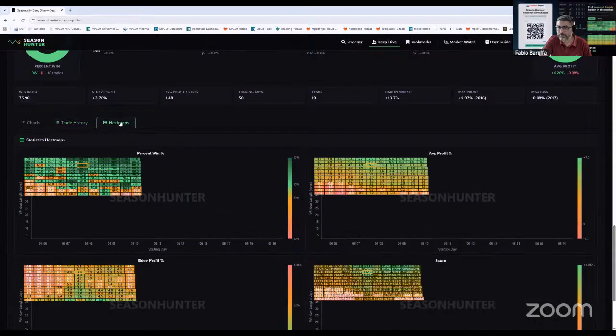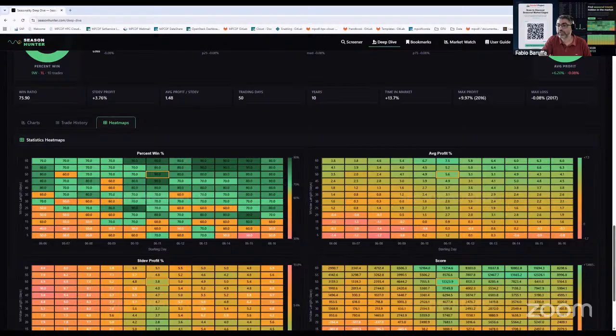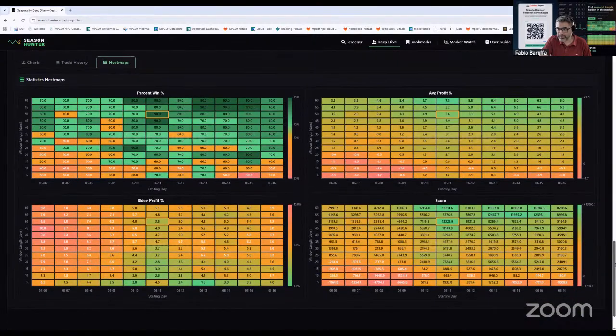The heat map gives a bit more information. We have the heat map for all the statistical metrics that we use to rate the seasonal. We have the percent win, and we also have expanded the window length, which goes from the minimum in our calculation to the maximum, that is 5 to 60.